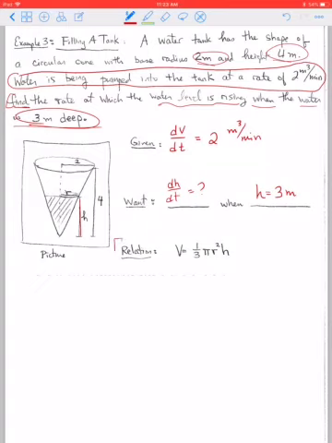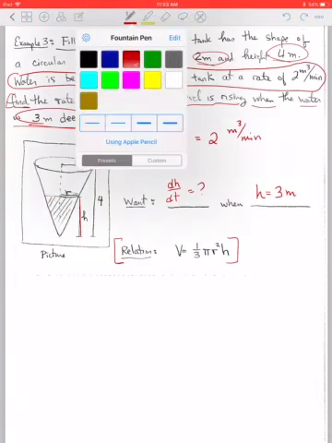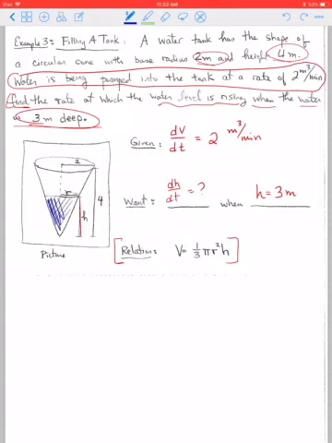So we have a relation that V equals 1/3 pi r squared h. That's the equation for the volume of, actually let me make it blue so it represents water. So this is a formula for the volume of this shaded region. And we could proceed in a couple different ways, and I want to do both of them here. The main thing we have to think about is that we have r and we have h.